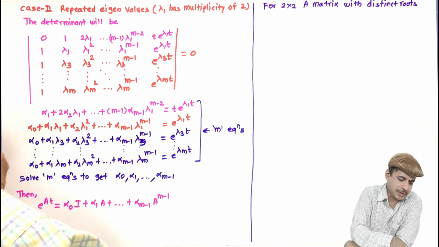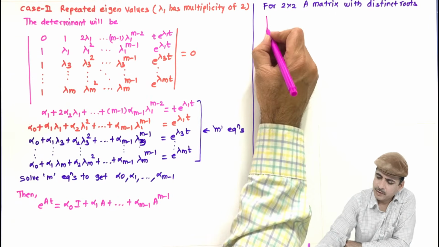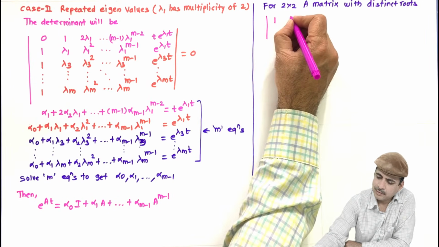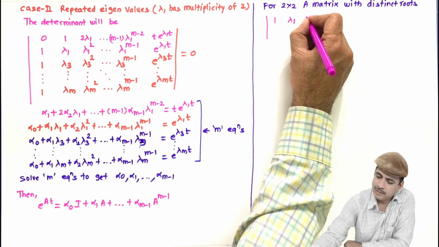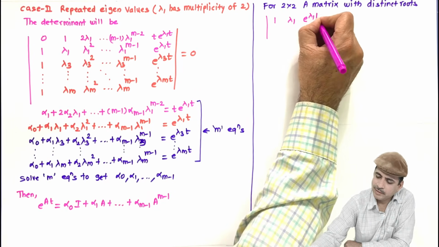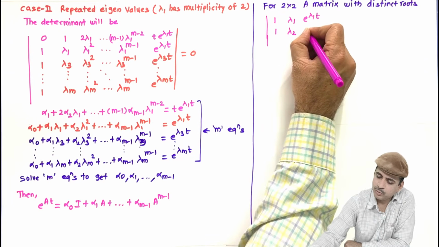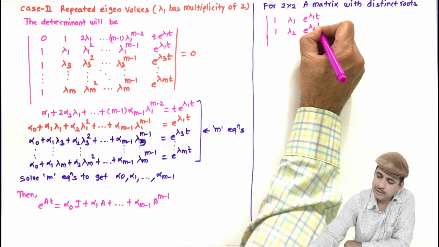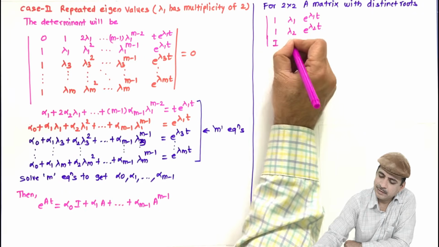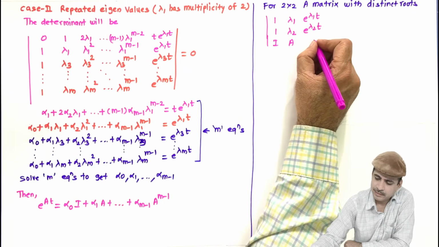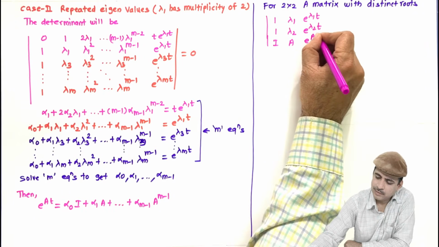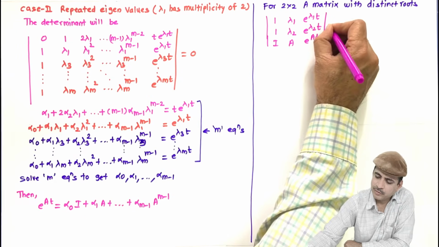We will write only the determinants. It will be 1 lambda 1 e raised to lambda 1 t, 1 lambda 2 e raised to lambda 2 t, I A e raised to at, and this is equal to 0.